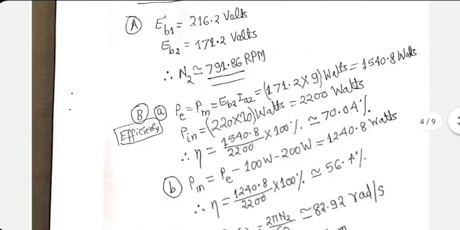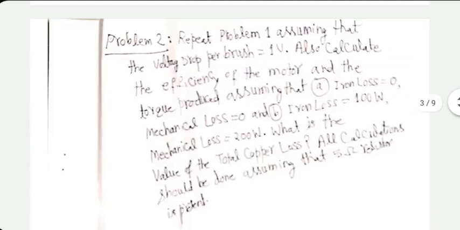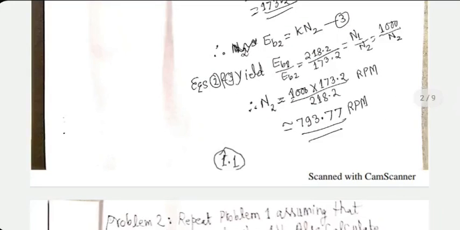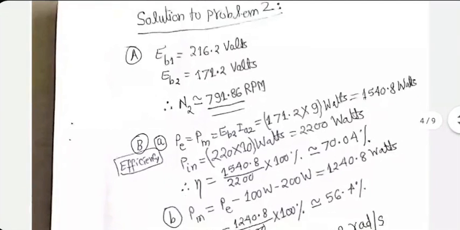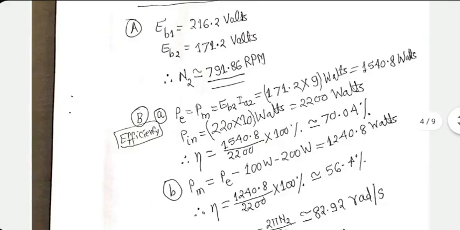So the new value of N2, if you include the brush drop, it's slightly different from what we got when brush drop was ignored. When brush drop was ignored, we got 793.77 RPM. When brush drop is included, we get 791.86 RPM, quite close. Anyway, the real issue is to calculate other things for second part when R external is present.